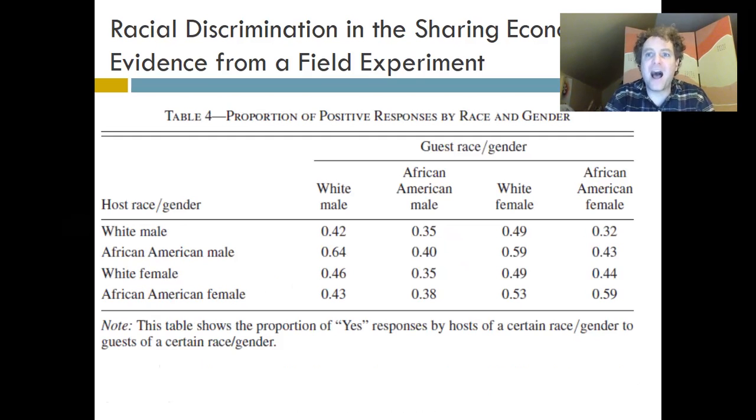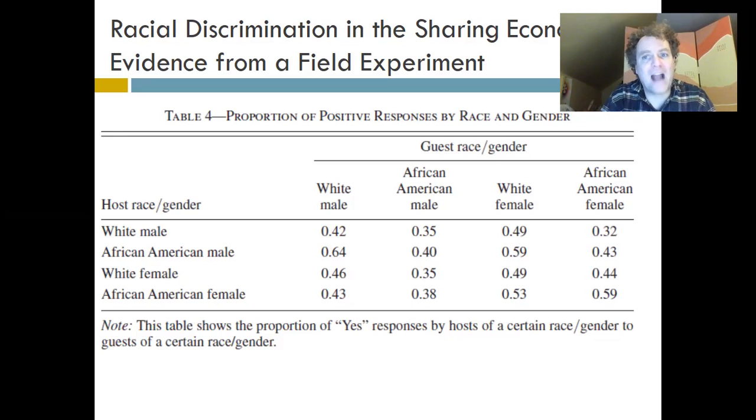It's not only that white hosts were being discriminatory against Black Americans, but also, interestingly, Black Americans seemed to be discriminatory against Black Americans. African American male hosts were more likely to say no to an African American guest.